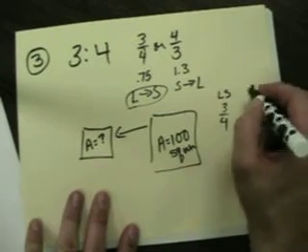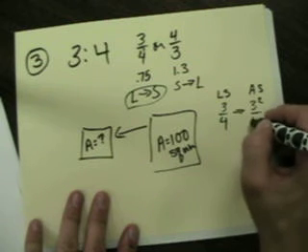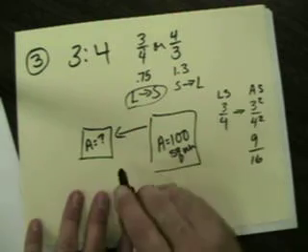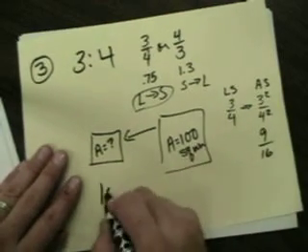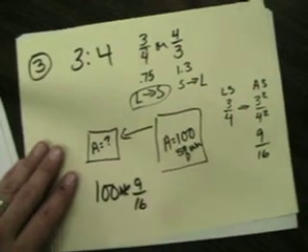But I need an area scale factor because I'm trying to scale area. So it's going to be 3 squared over 4 squared, or 9 over 16. Not even going to worry about reducing it.